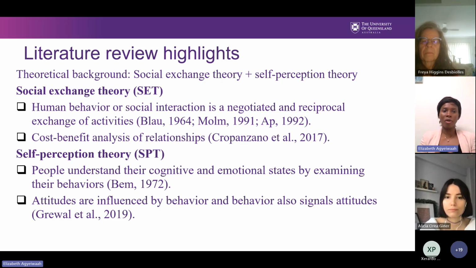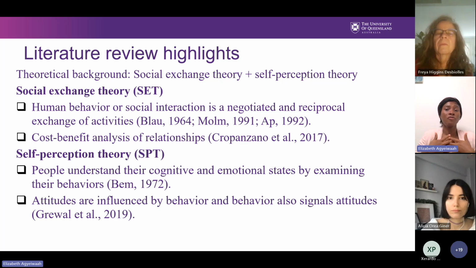and be able to tell a better story. And so self-perception theory is another theory that argues that people can infer their attitude from their behaviors. So it's a bit counterintuitive to the typical attitudinal theories that we know, because it says that you can observe your behavior and then that could inform your attitude.